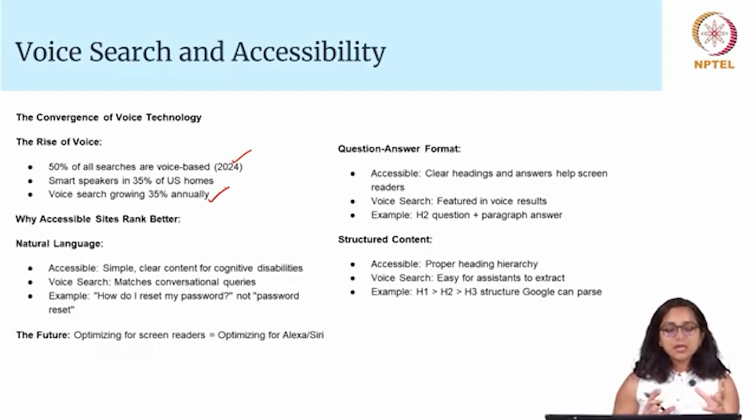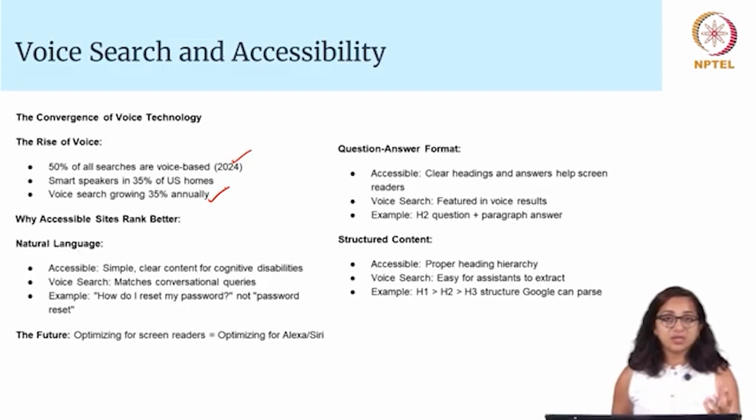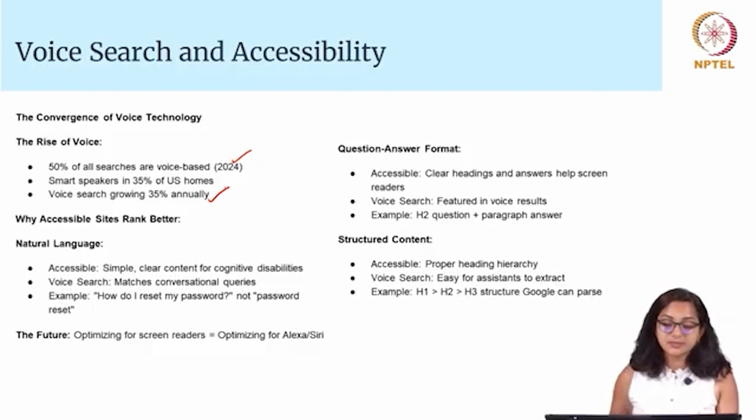So, you are able to ask in a more natural, grammatically correct way when you interact with the system. The question answer format is being enabled through this voice interaction, which is also again accessible.